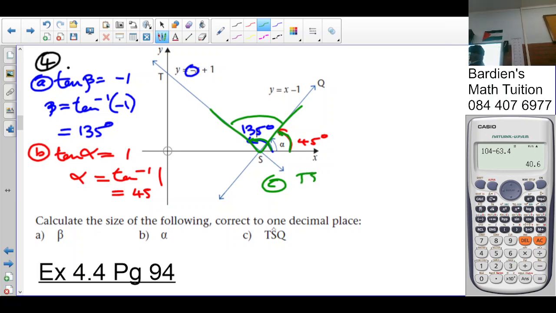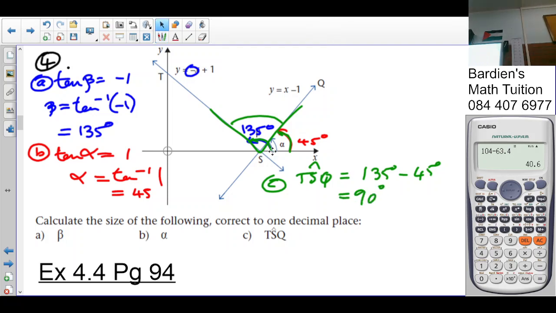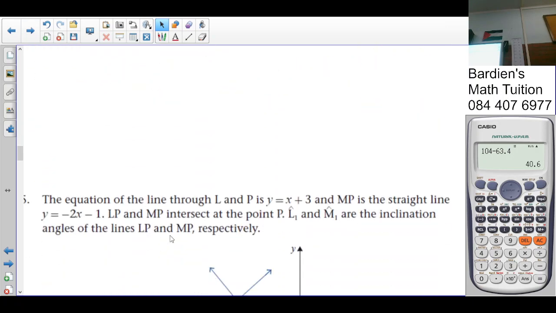So TSQ is equal to beta, which is 135 degrees, minus your 45 degrees, which is? Okay. You all understand? Any confusion there? Alright, so that is number 4.